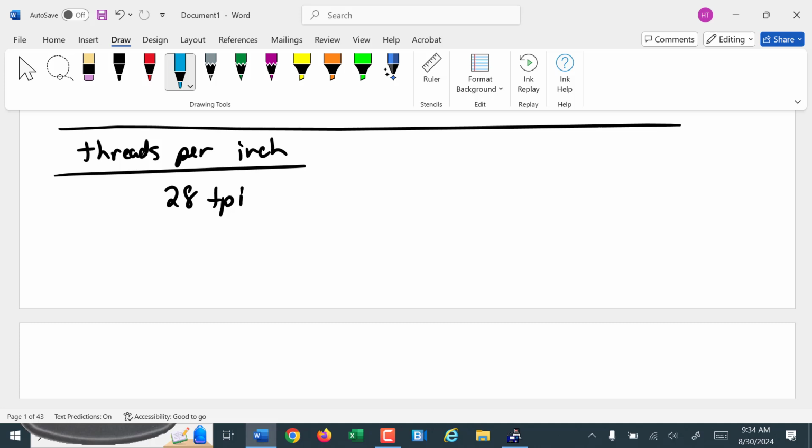Let's say we have 28 TPI, threads per inch. The rate of the threads can be used to create a distance using proportions. So 28 threads per inch is really saying 28 threads in 1 inch. So that is a rate rather than a ratio.